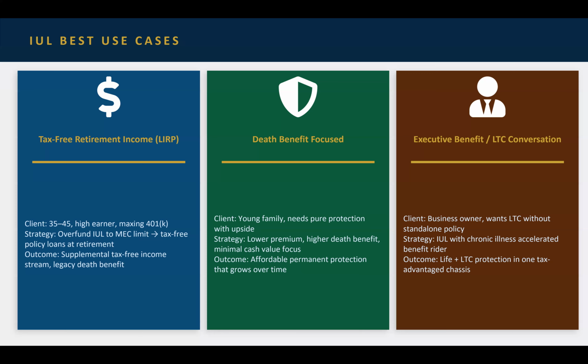Business owners and people in the death benefit focused IUL, instead of buying a standalone long-term care policy, you can typically add long-term care type riders to the policies, whether built-in living benefits or adding a paid-for chronic illness or long-term care rider on the permanent policies, which give you a dollar for dollar reduction. So it's a different way to run the illustrations. It's a different type of concept.